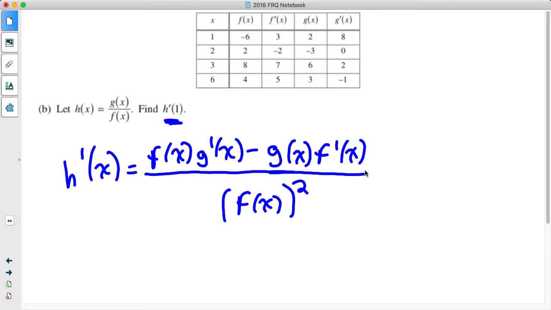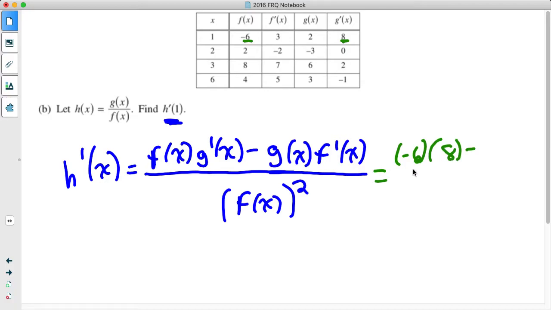All right, and now we're basically just going to take this and start plugging in our numbers. All right, so this is all at 1, so you can basically just think of all these x's as 1s. So f of 1, so we're up here, f of 1 is negative 6. G prime of 1, again in our table, g prime of 1 is 8.